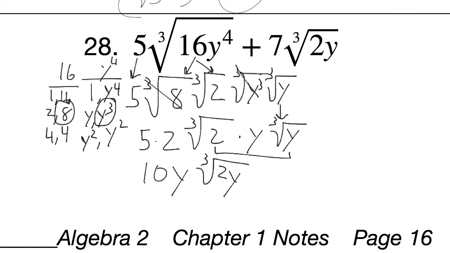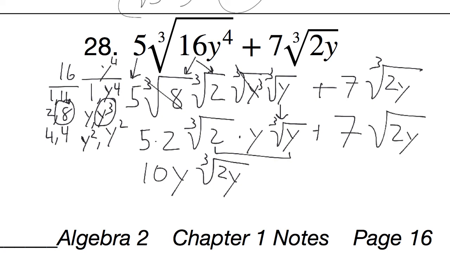I'm going to bring this down. Maybe I should rewrite it a couple of times. Plus 7 cube root of 2y. We've got some like terms.